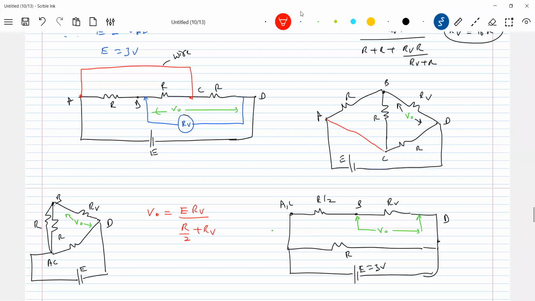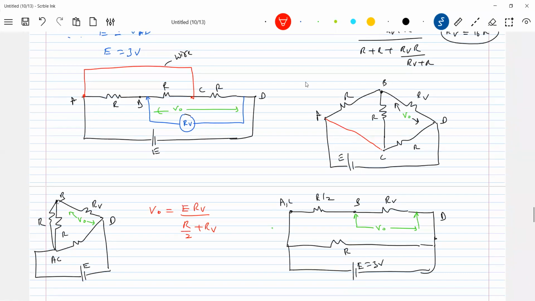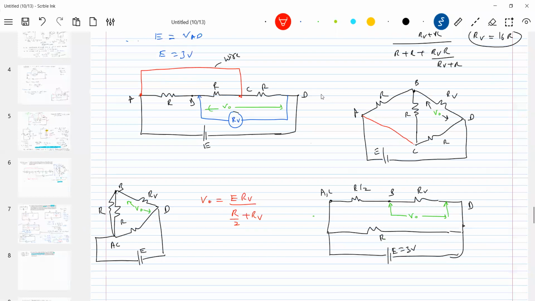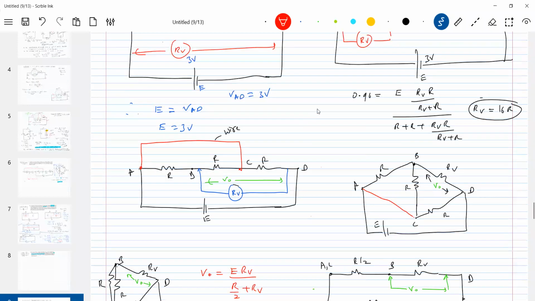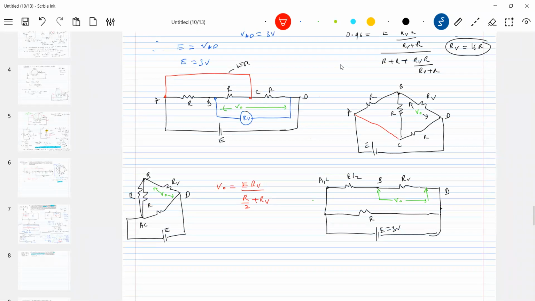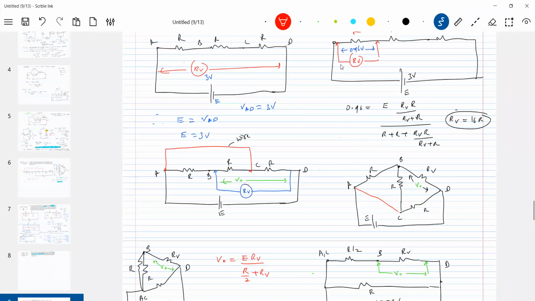If you can recollect that, this one I'm going to write it as, so we know that from the previous one. This I'm going to substitute here. V naught will be 32 by 11 volt.